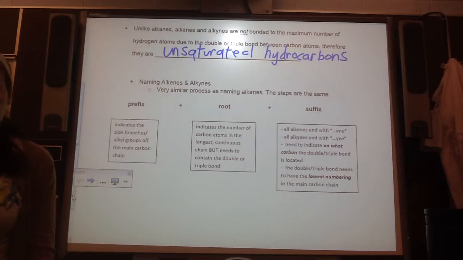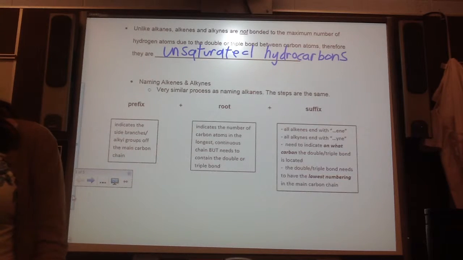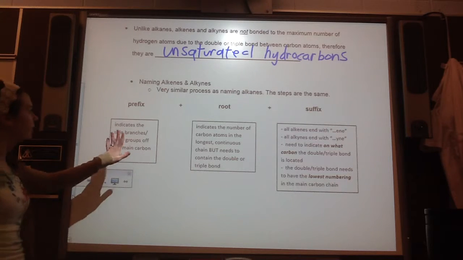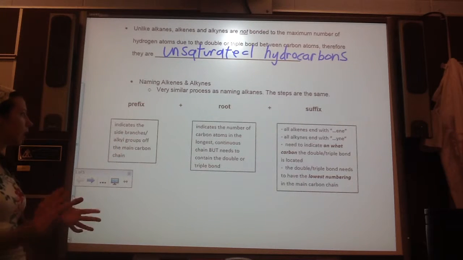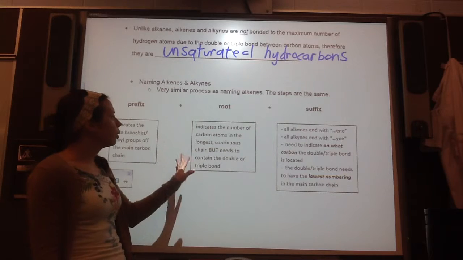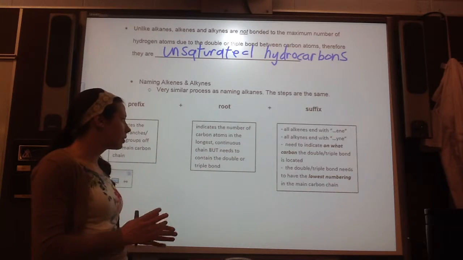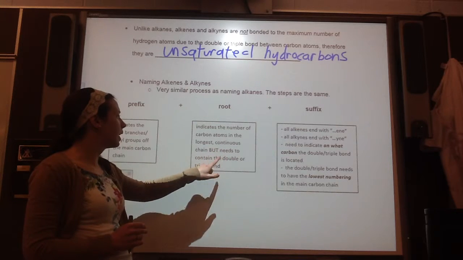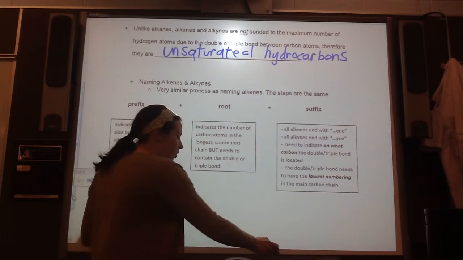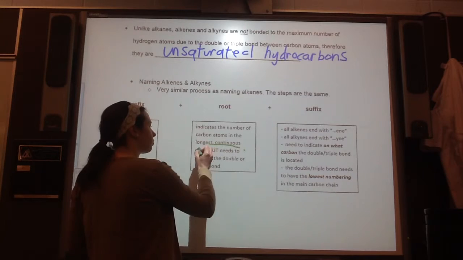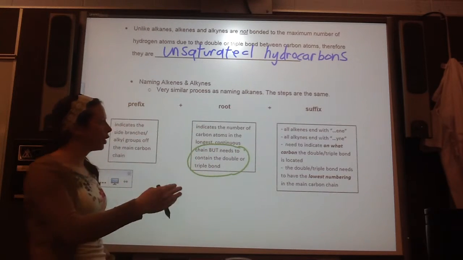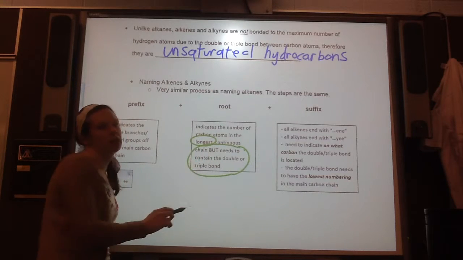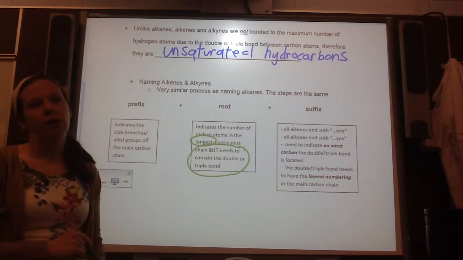Naming them is very similar to alkanes, except at the end we stick an -ene or an -yne. Again, the prefix indicates the side branches, alkyl groups, etc. The root indicates the number of carbons. Make sure you get the continuous chain, but it needs to contain the double or the triple bond. This is the one difference. Your parent chain is the longest one that has the double or triple bond in it.